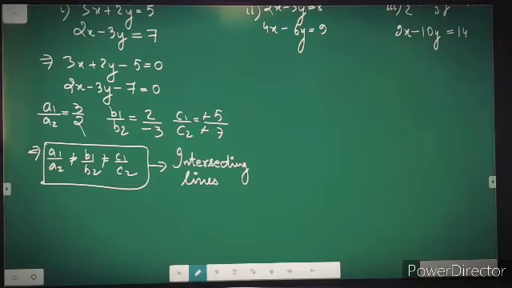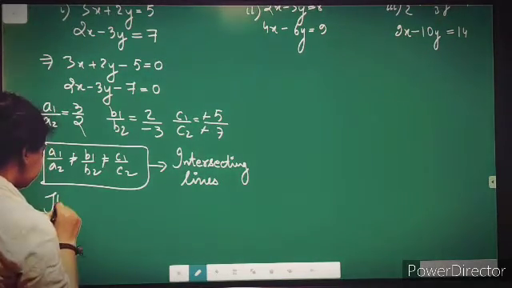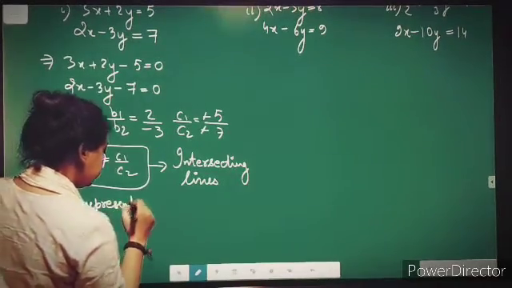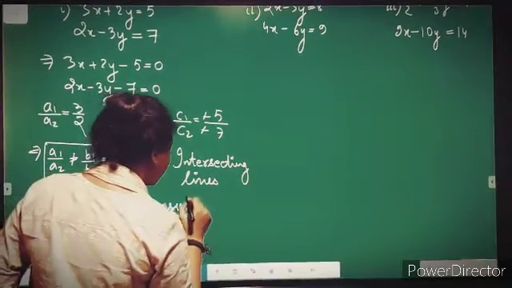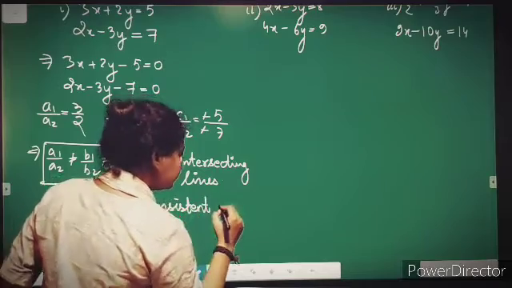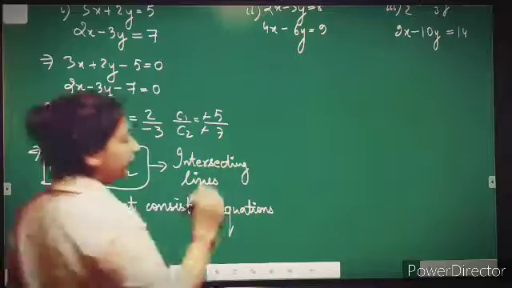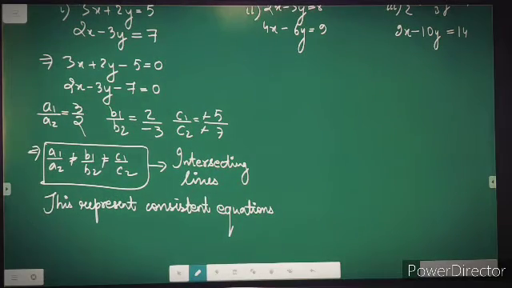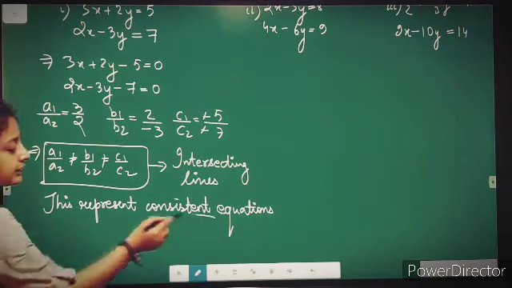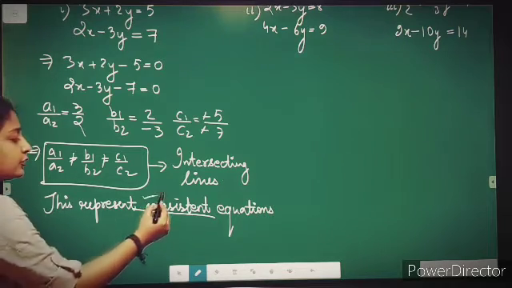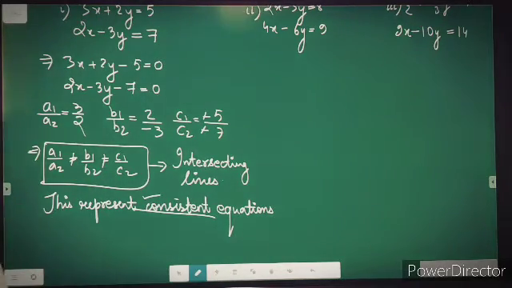That means the equations are solvable. Hence, this represents a consistent equation. Whenever we can find the solution of the given equations, we call them consistent, and since in the intersecting lines case we also have a unique solution, the case is known as consistent.